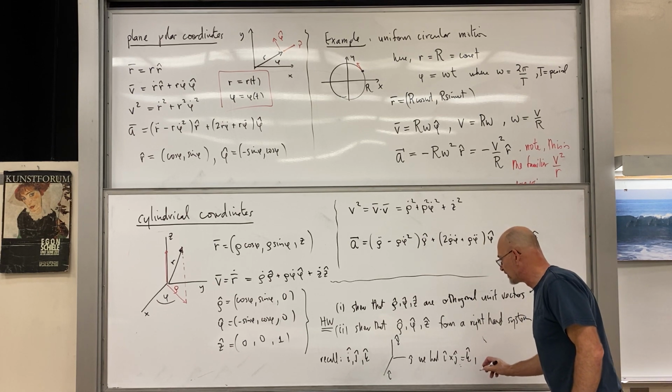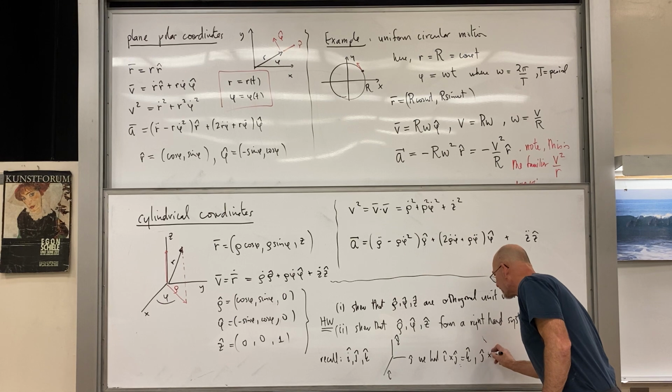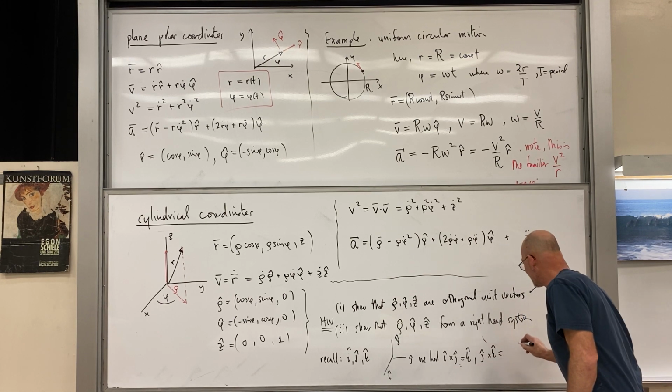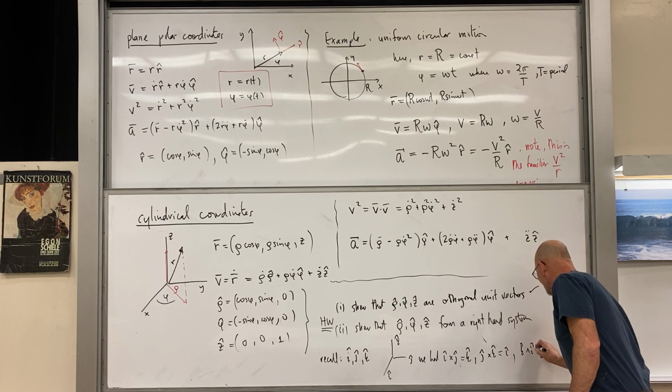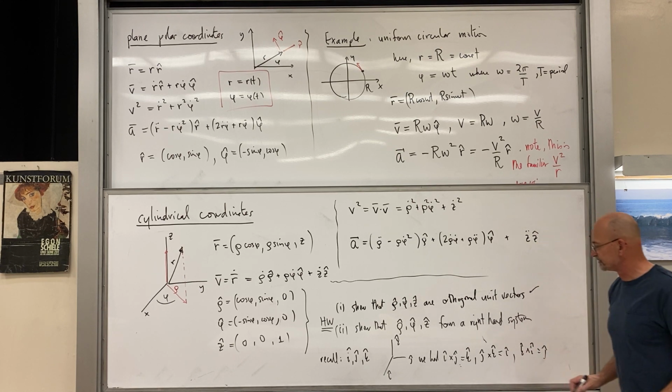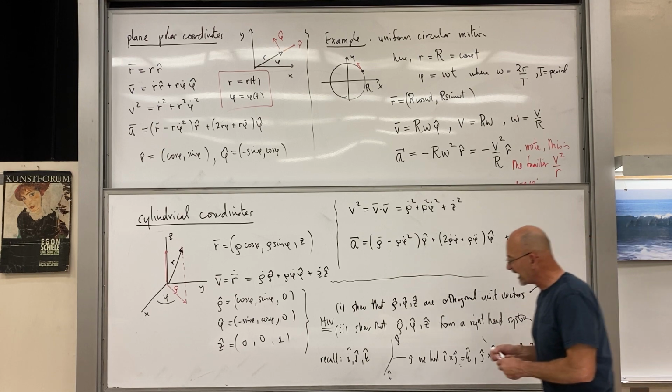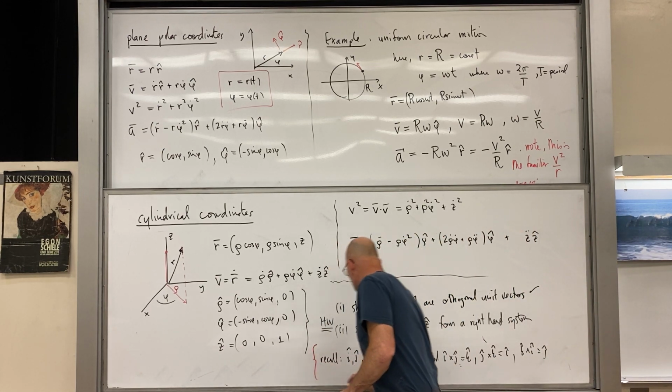So, and then you go through j hat cross k hat equals i hat and k hat cross i hat equals j hat. So this is something we had in Cartesian coordinates.